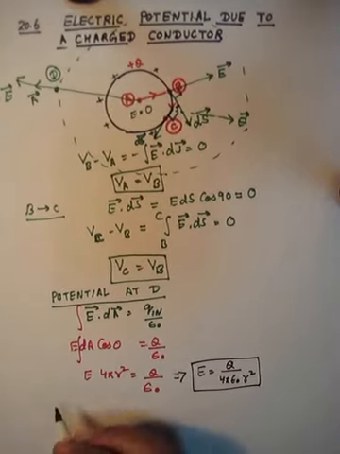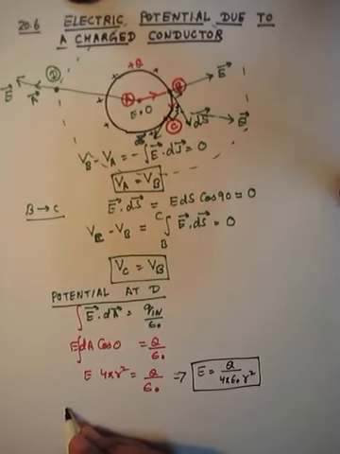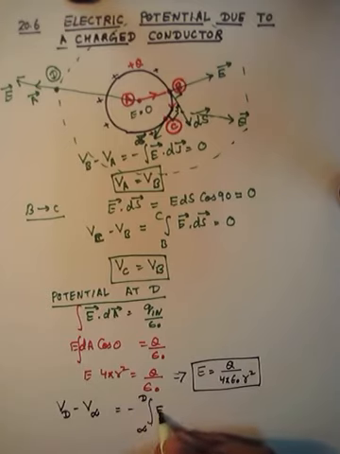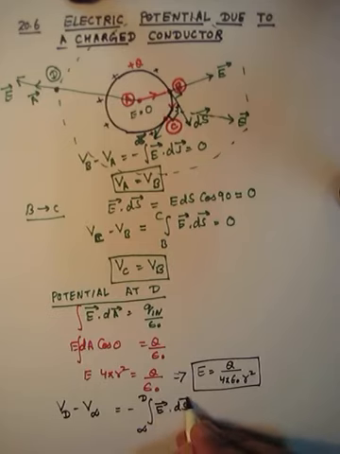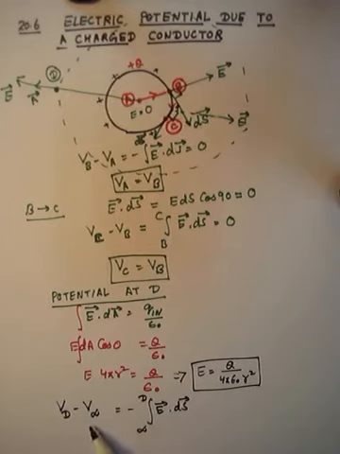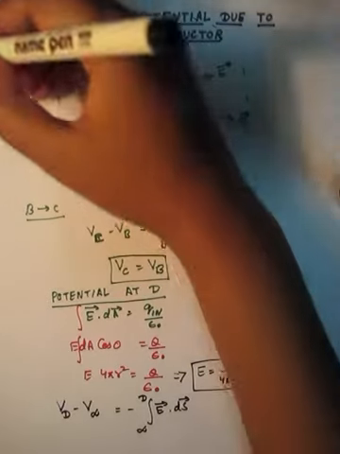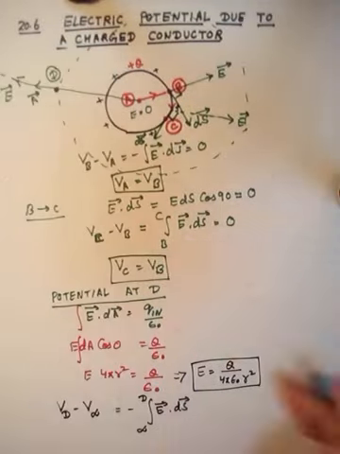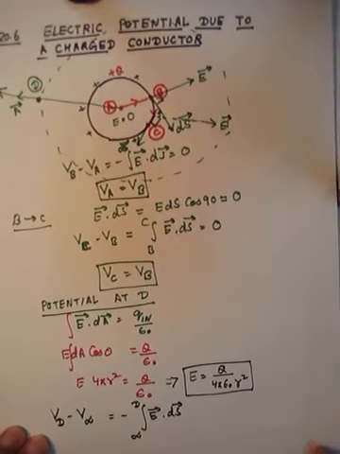So if you know the electric field, you can find out the potential at that point. So Vd minus V infinity will be equal to minus the integral from infinity to d of E vector dot ds vector. Now what we're doing here is, whenever we find a potential difference, it is with respect to some point. So suppose that we are coming from an infinite point to this point.